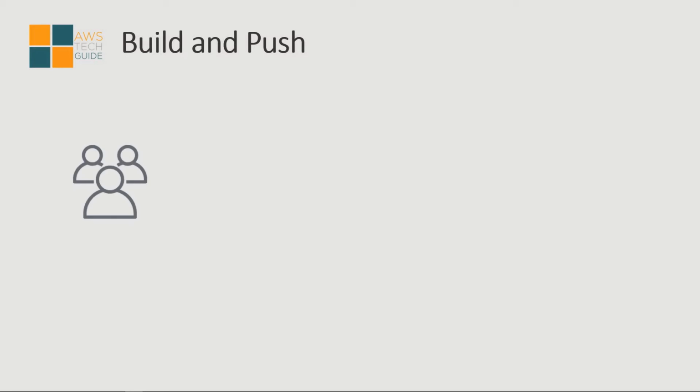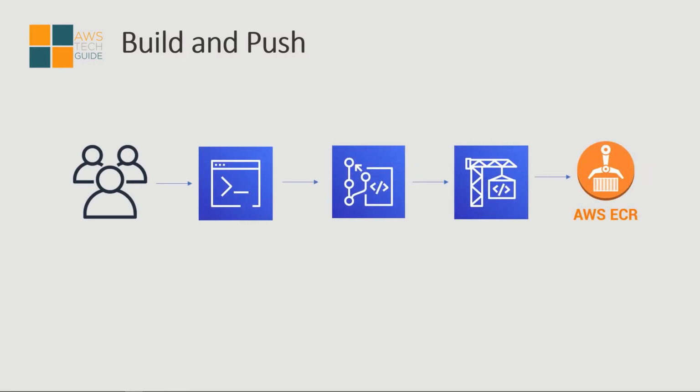So basically our flow is: user will commit some changes and push the code change to our code repository, which is CodeCommit in AWS, and we will create one CodeBuild project which will pull the code from CodeCommit, build the code, create the Docker image and push the Docker image to AWS Elastic Container Registry. So let's first check our small Spring Boot DynamoDB service.